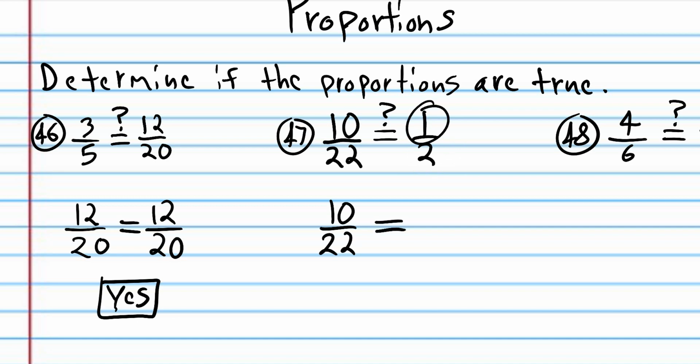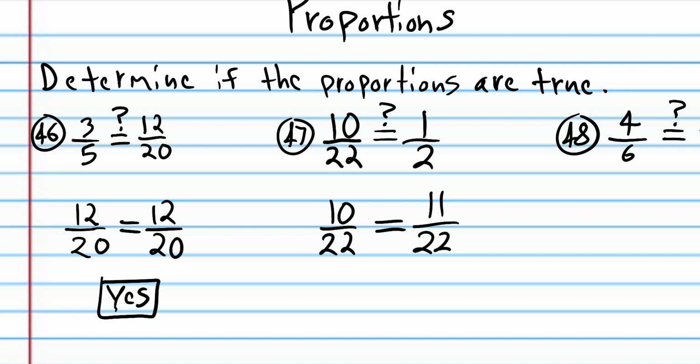So 1 times 10 is 10. Actually, I don't want to confuse you. I think I'm going to do it a slightly different way. I'm going to multiply by 11. So 2 times 11 is 22, and 1 times 11 is 11.